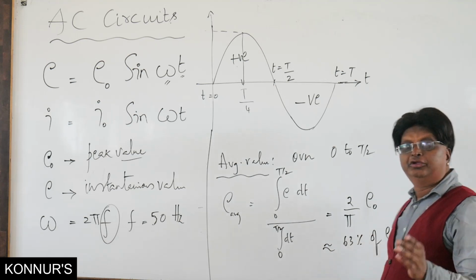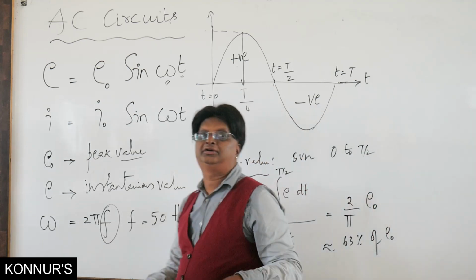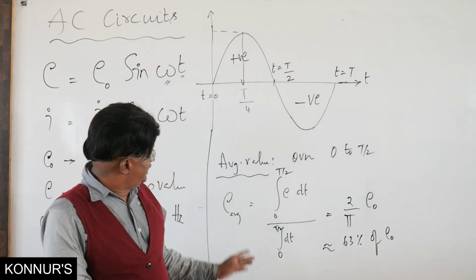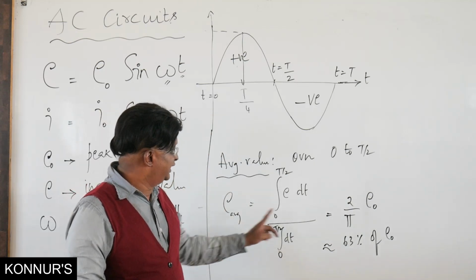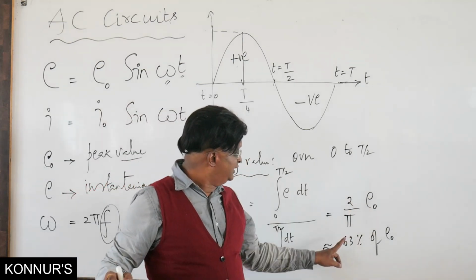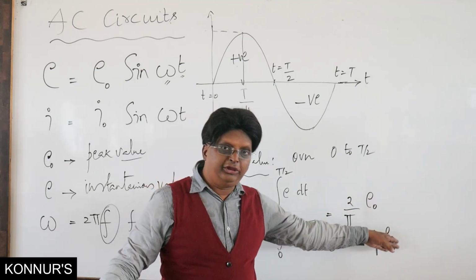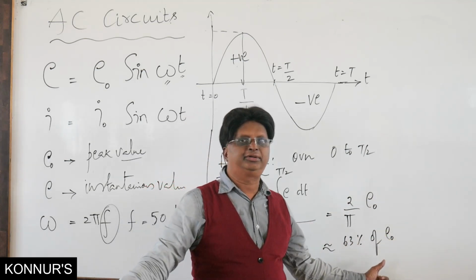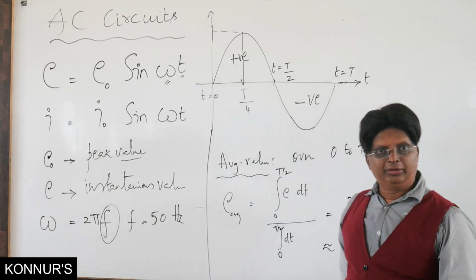So 63% of the peak value is what is referred to as the average value. 2 by pi times E naught is 0.63 times E naught.